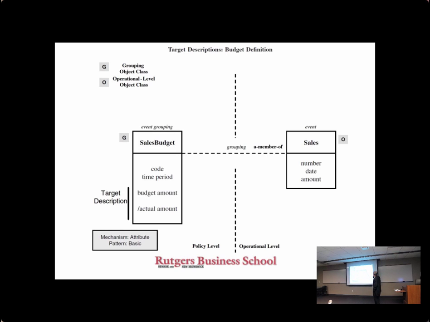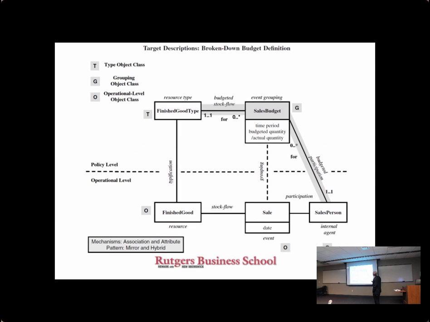Okay, so there are two patterns here. So this is a broken down budget definition. So what happens if your sales budget is broken down, say by the salesperson, right? It's typical to have the budgets defined not only by the period, but for the individual salesperson, okay?